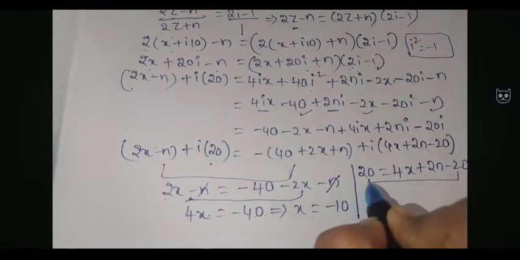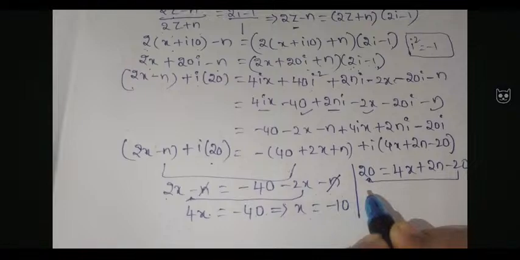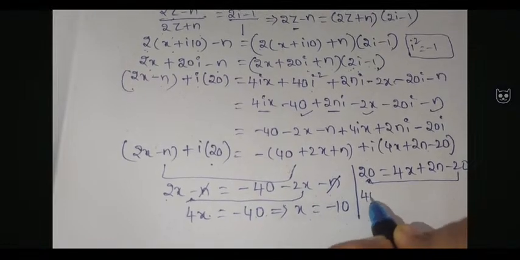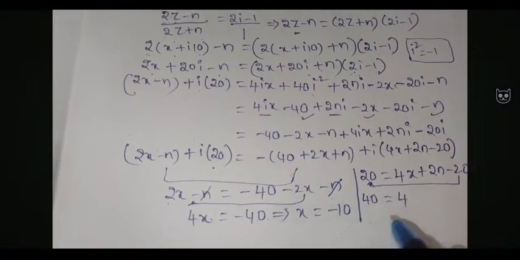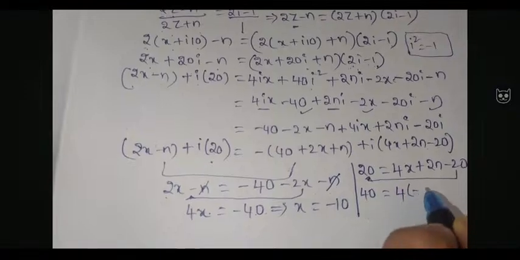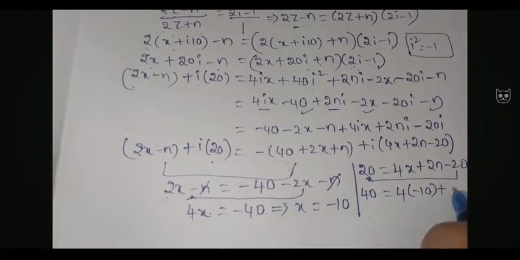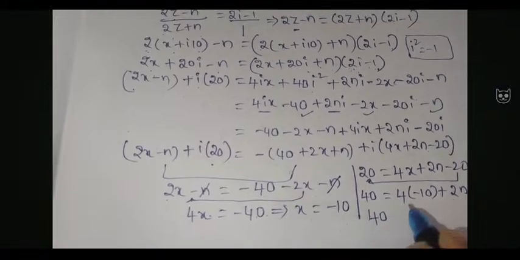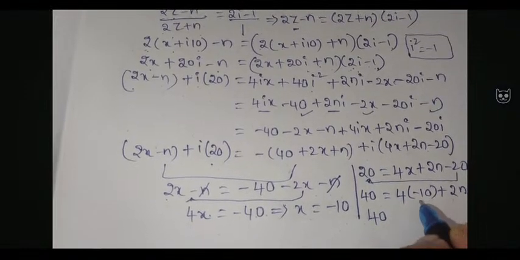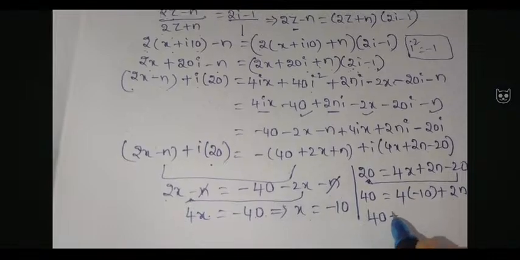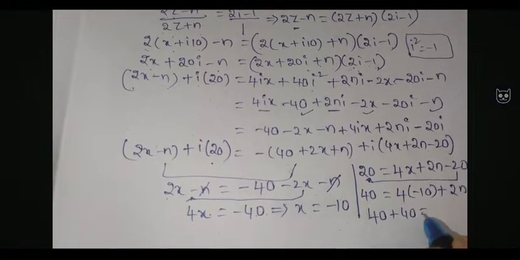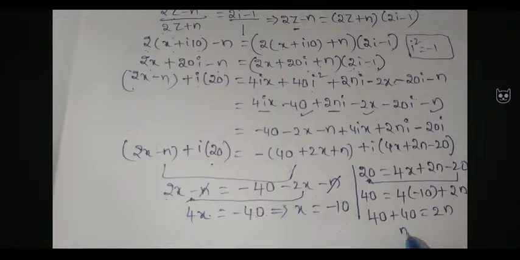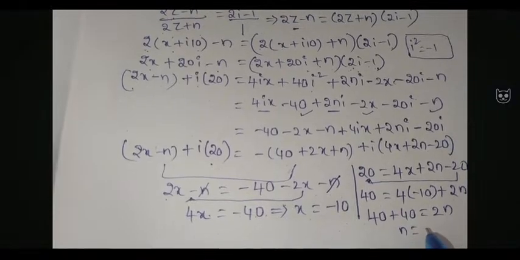Minus 20 on the left hand side becomes plus 20, so 20 plus 20, 40, is equal to 4 into x. What is the x value? Minus 10, plus 2n. So 4 into minus 10 is minus 40. Minus 40 brought to the left hand side becomes plus 40, that equals 2n. So n is equal to 80 by 2, 40.